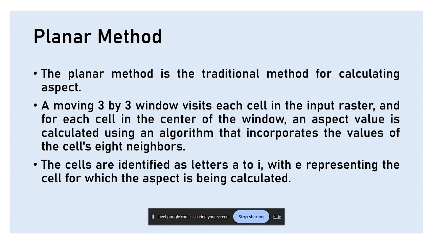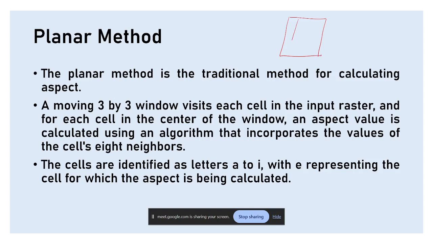In the case of the planar method, it is the traditional method that is used, because obviously the 3D thing came on later, right? So the traditional way of calculating aspect was the planar method. Again, as I said, a moving 3 by 3 window visits each cell in the input raster, and for each cell in the center of the window, an aspect value is calculated using an algorithm that incorporates the values of the cell's 8 neighbors. Same thing that I had shown just before.